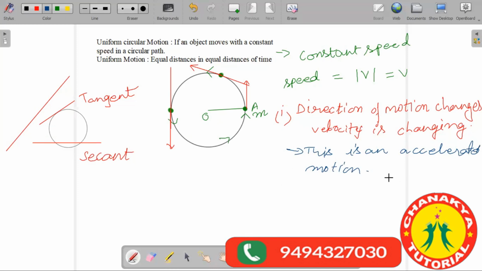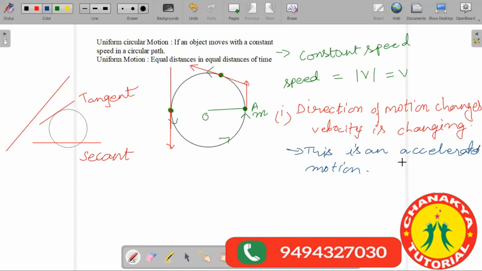So there is an acceleration. Even if the speed is not changing, we need acceleration every time the velocity changes. So this is an example that we can have acceleration even with constant speed.